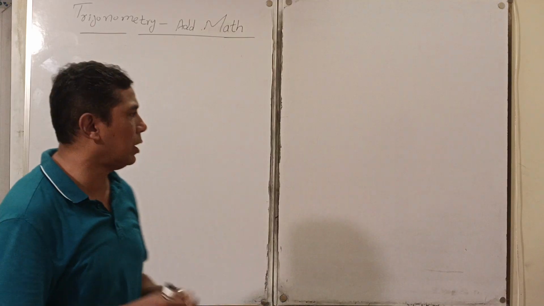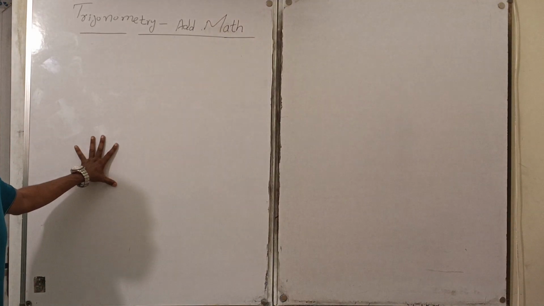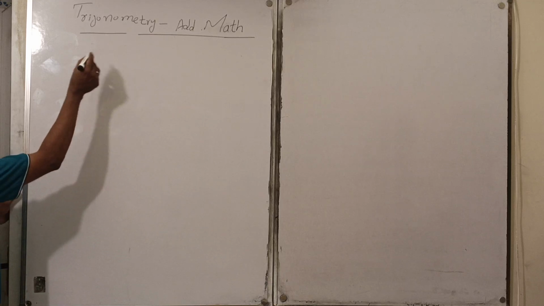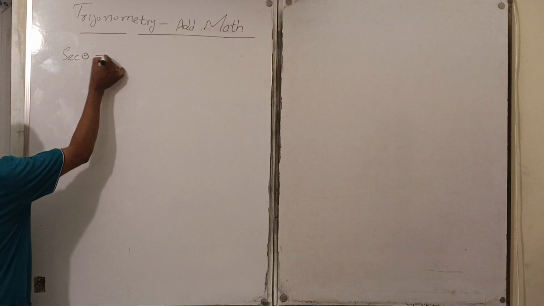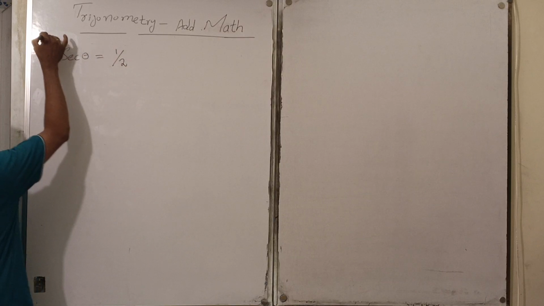For example, you will have another kind of trigonometric ratio. Let's say you will have sec theta equal to 1 over 2, for example.